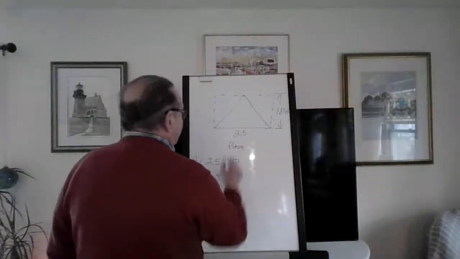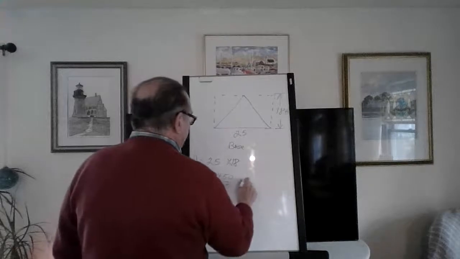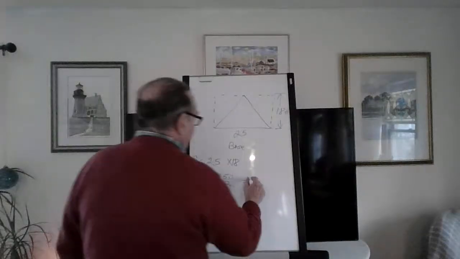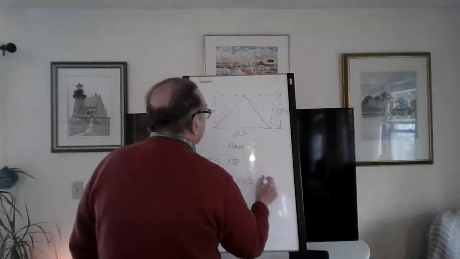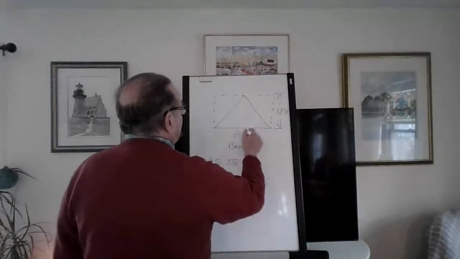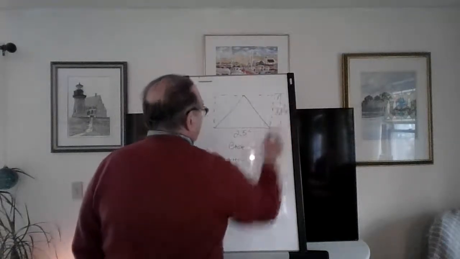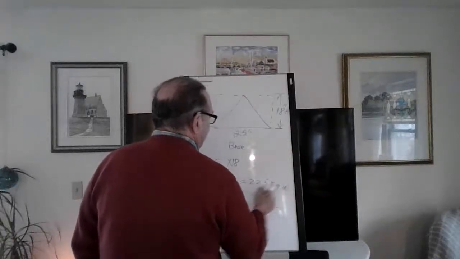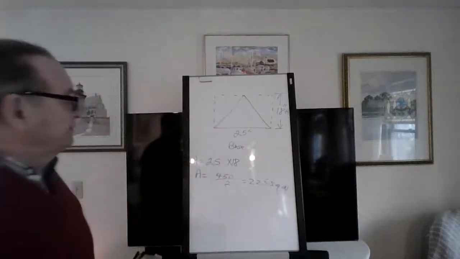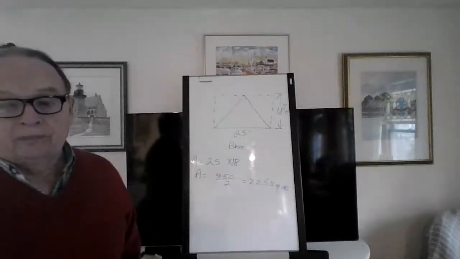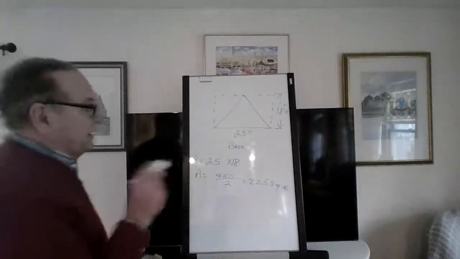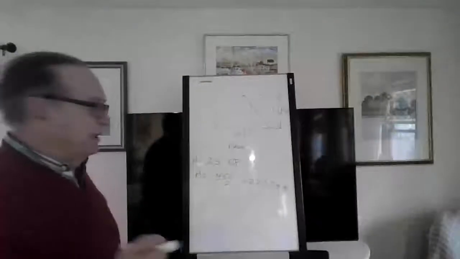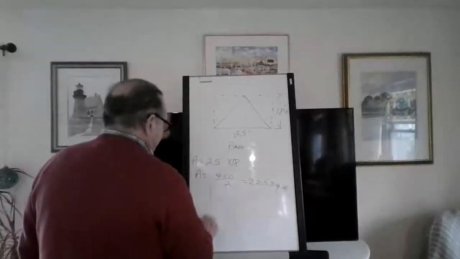But we got to divide it by 2 because it's a triangle. And that would be 225. So if this was in inches, which normally our math problems are, it'd be 225 square inches. That's it. So remember that. Now, another triangle, I think this one's a right triangle, looks like this.